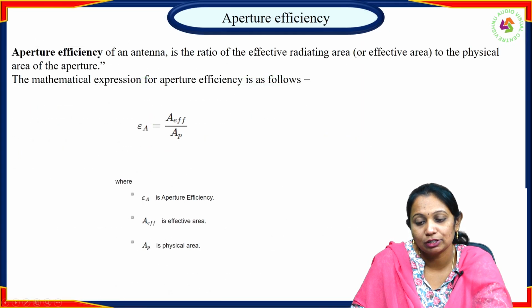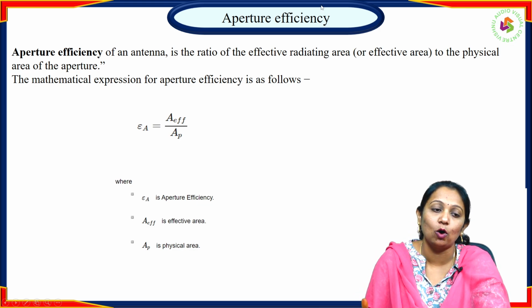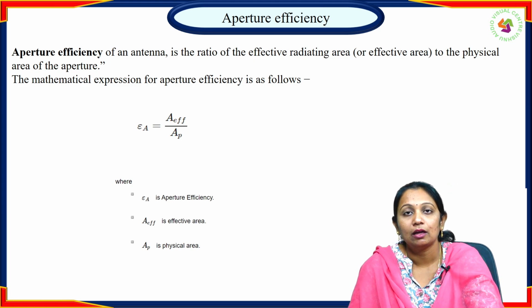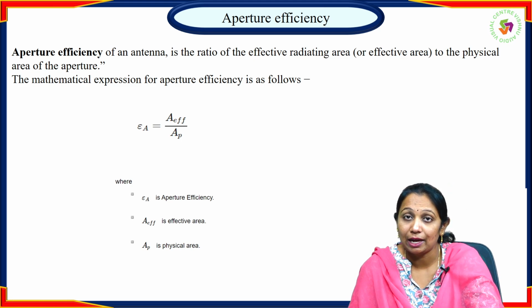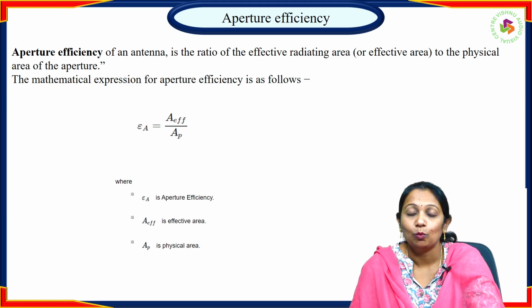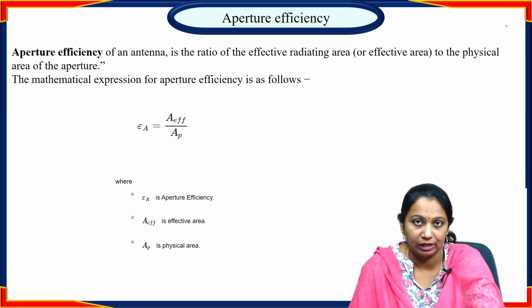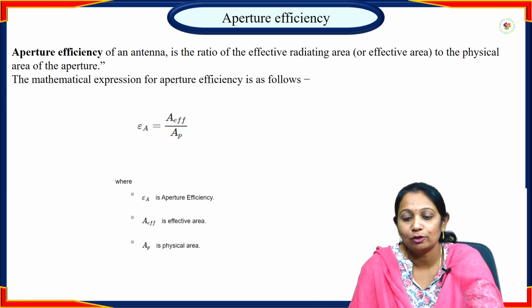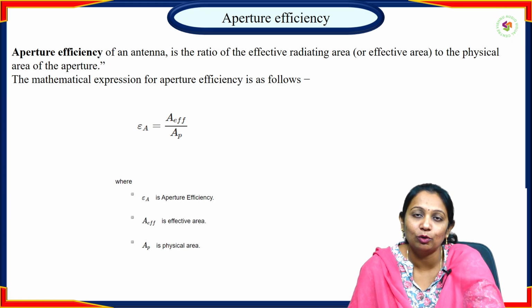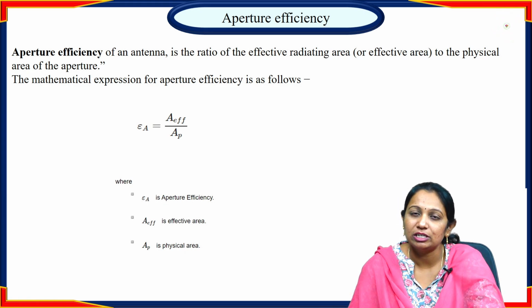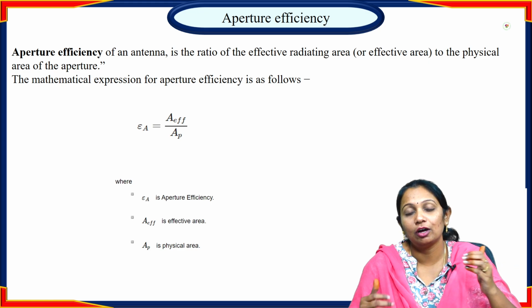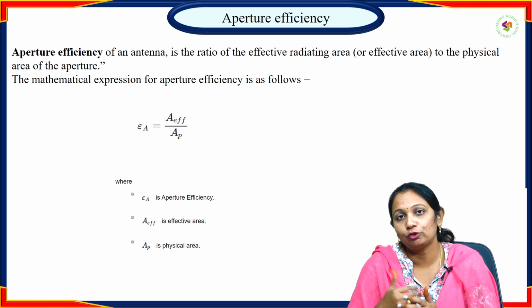From this effective area, we are going to calculate the aperture efficiency also, by considering all this scattering as well as the effective area and the physical area of the antenna. Generally, efficiency is the ratio of how much we got in the output to the input.